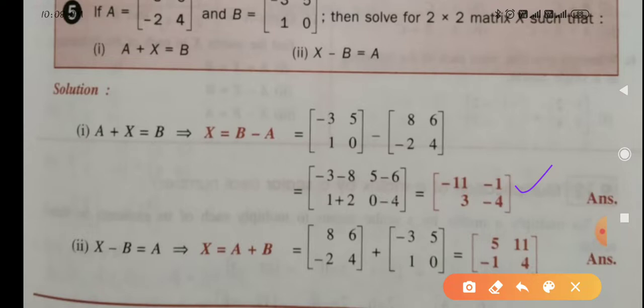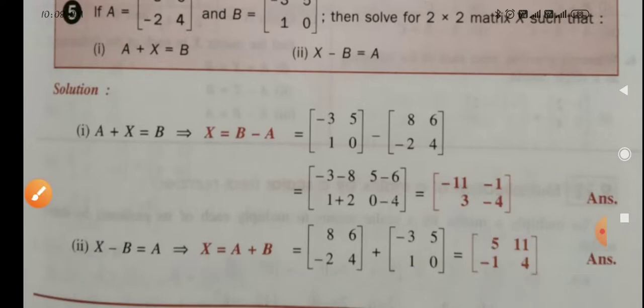This is matrix X. In the same way, in the second part you can see matrix X will be A plus B. When you transfer B to the RHS, then it will become positive, A plus B. So A plus B you are adding. So the final answer is coming 5, minus 1, 11, 4. So this is the matrix X.